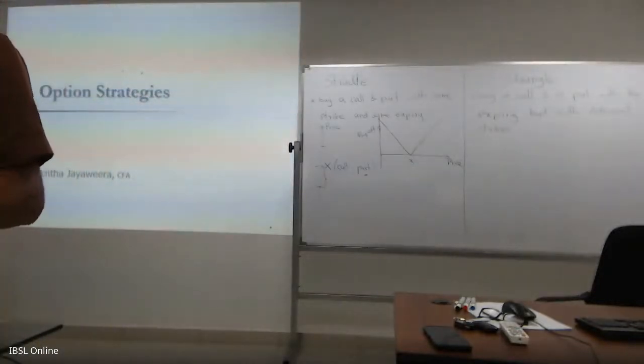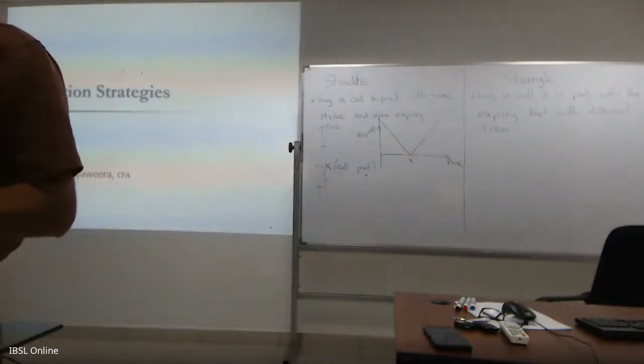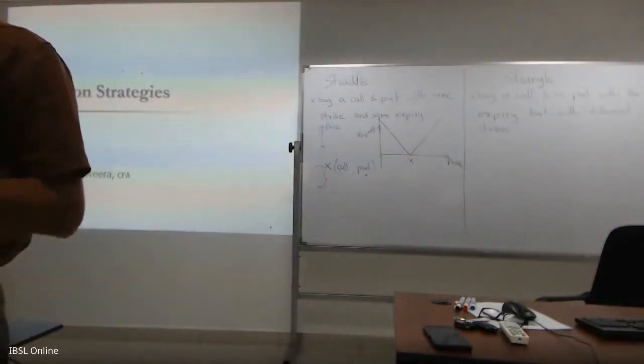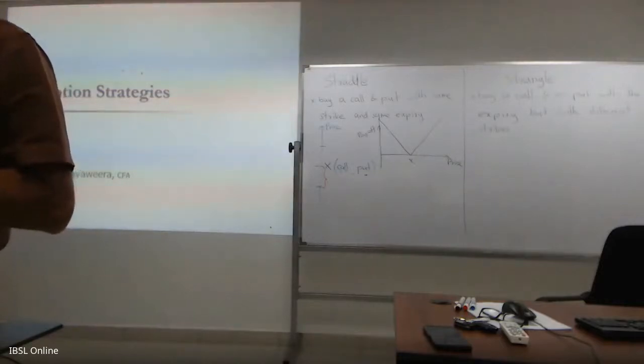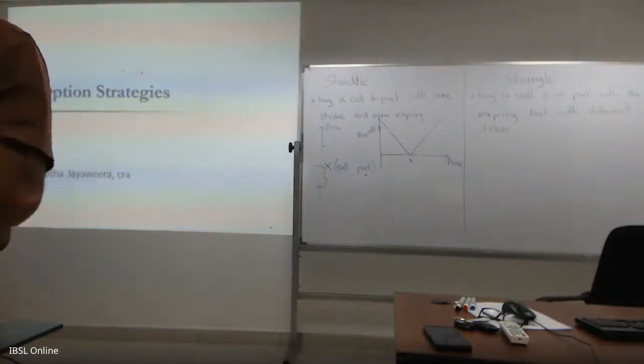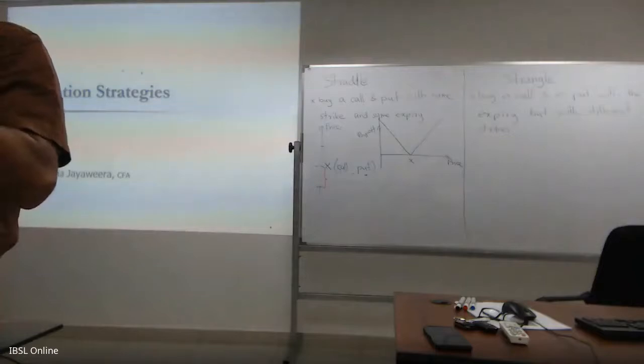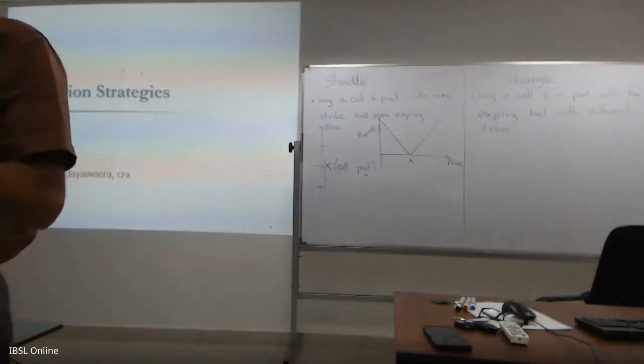But you won't get this for free. You have to buy a call and buy a put. When you buy a call, you have to pay a premium. When you buy a put, you have to pay a premium. So you pay two premiums. Therefore, this would be costly.